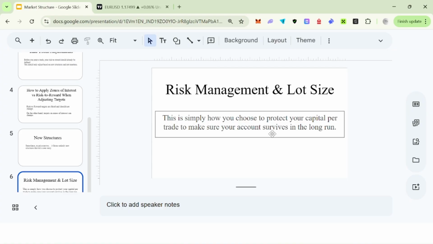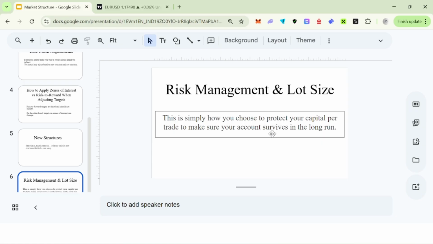So your lot size will now determine, okay, I'm not risking more than $100 on a single trade. This is how I'm going to go about it. Your lot size is what determines the amount that is going to be lost regardless of how many pips the stop loss is. This is the fixed amount that is going to be lost on this trade should the trade eventually go against you.